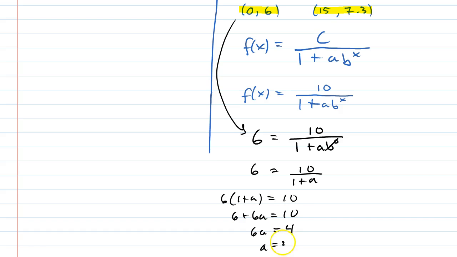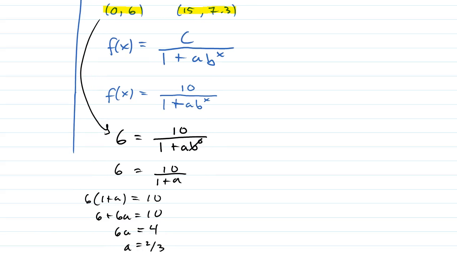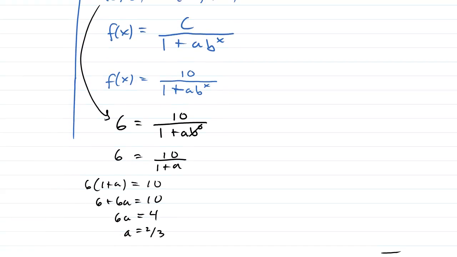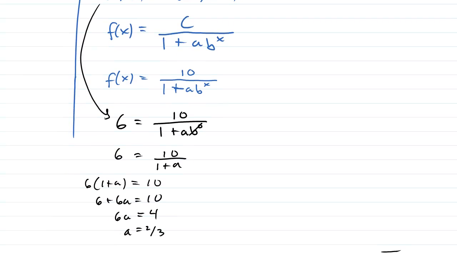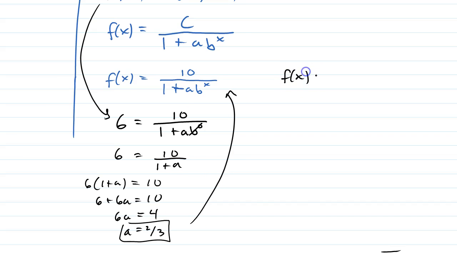So A is going to be 2/3 when we divide by 6. Now, it's not always going to come out really nicely. I'm actually surprised because this is real information about the world I've pulled off Wikipedia, but we have a nice A here. Now let's go back and plug it back in. We know that now our model is 10 over 1 plus 2/3 b to the x. So when we plugged in that first point, we got the A, and now we have to go and get the B.